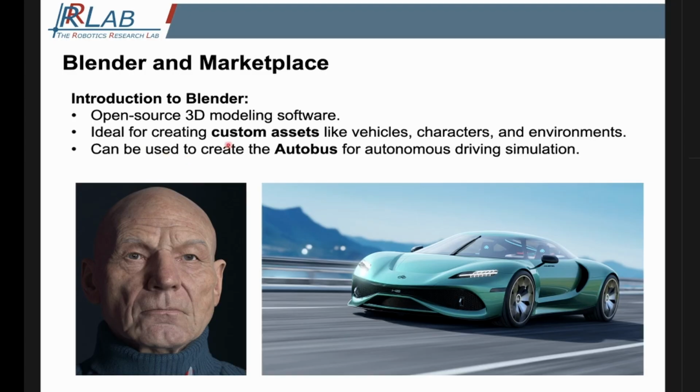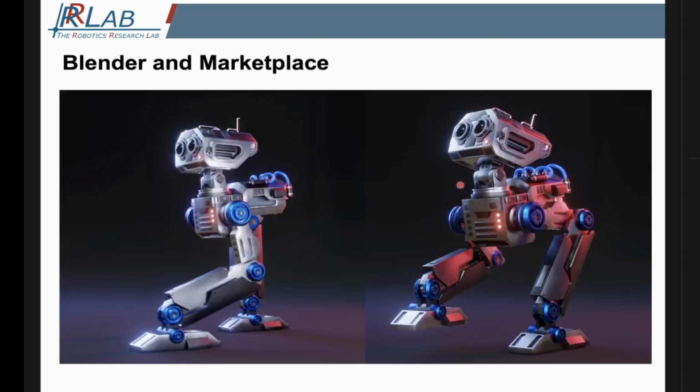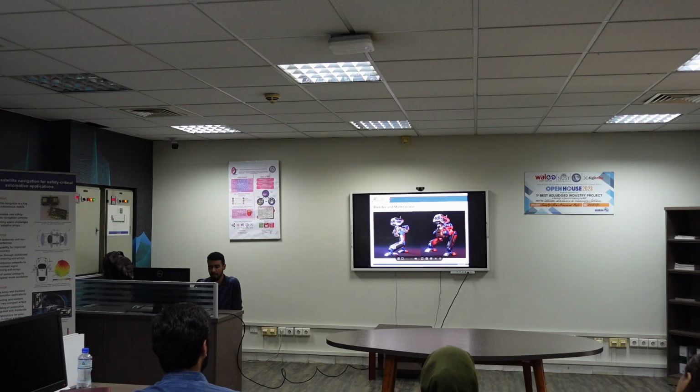I created the Autobus model in Blender, which is also what we will see later. I was just playing around with Blender. This model I created in Blender, and you can see here how detailed the model can be. As I mentioned, something like this requires a lot of computation power to run.